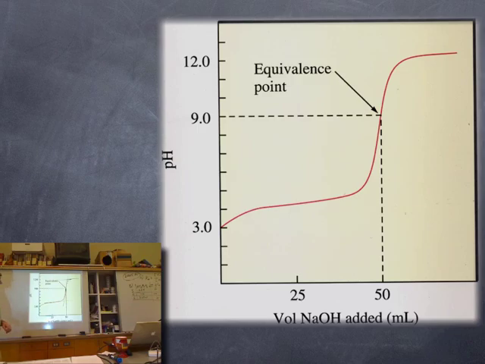Then you could find your halfway point by saying, if the equivalence point is 50, then my halfway point is going to be 25. What's the pH there? That's also my pKa value.